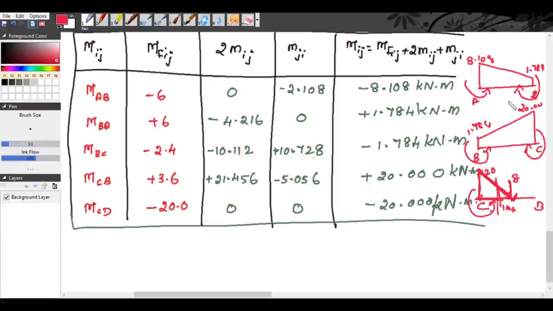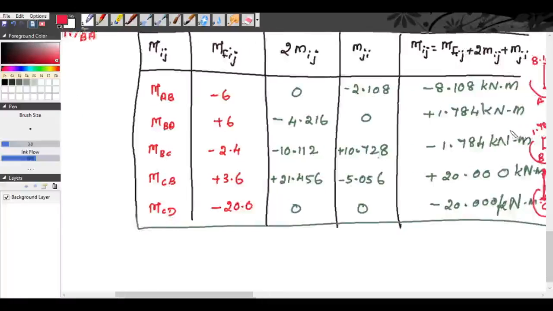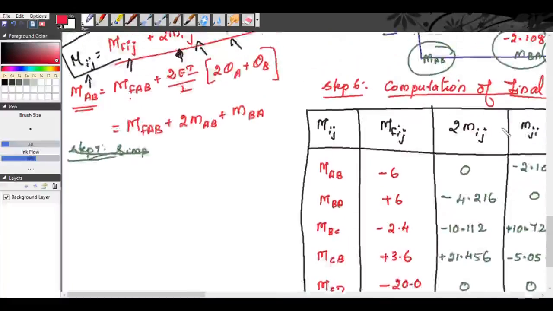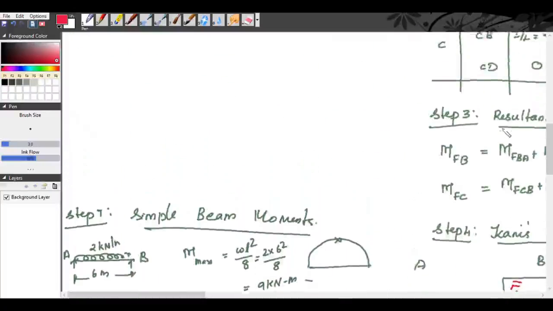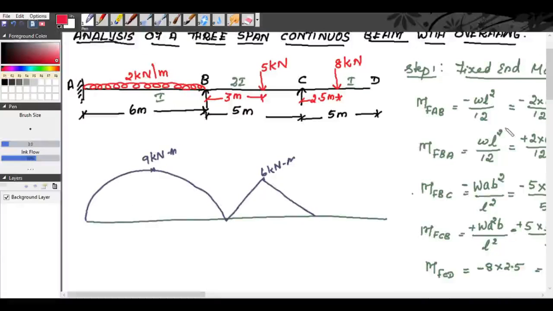Now we will draw these diagrams in the original bending moment diagram. See, this I explained for understanding. So at A, it is minus 8.108, approximately here.